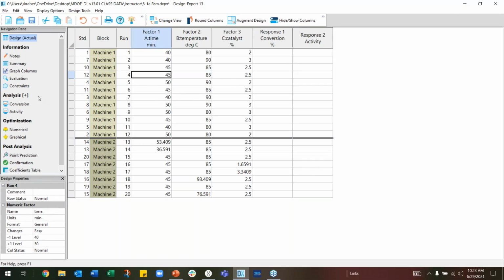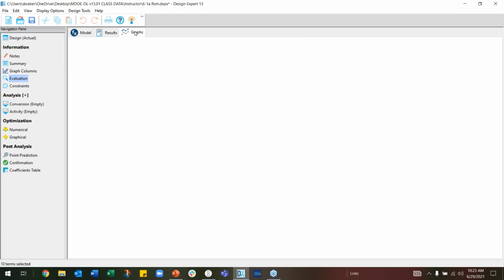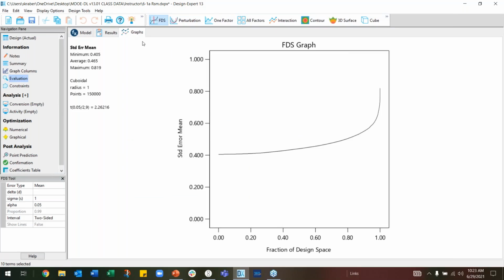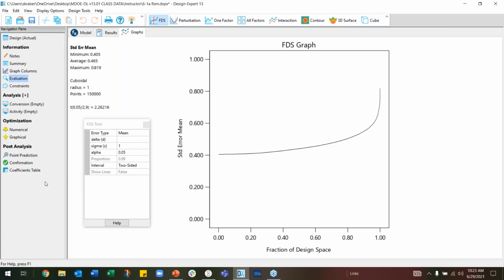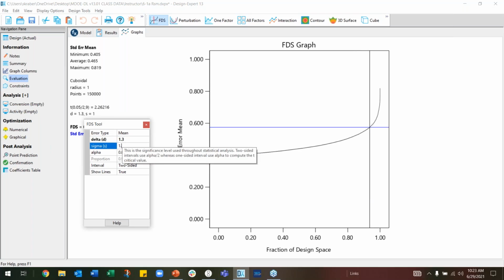So we built this design, and then to size it, you go to evaluation, and then you go to graphs, and you have the FDS plot. You find your FDS tool, and we're going to type in that D of 1.3 and the S of 1.1.